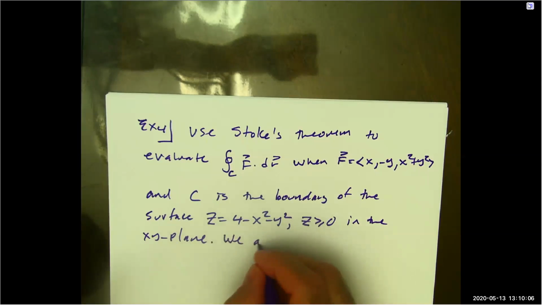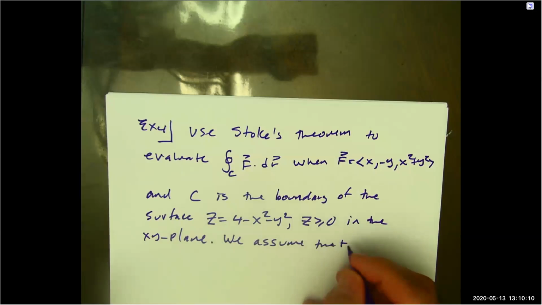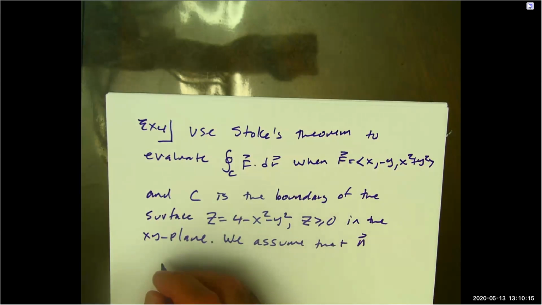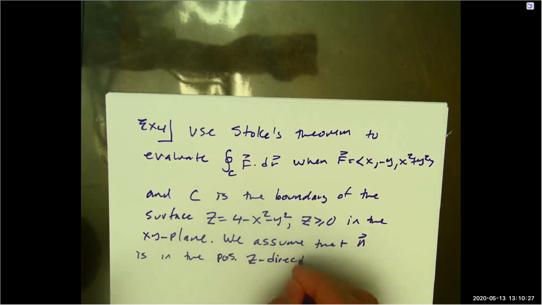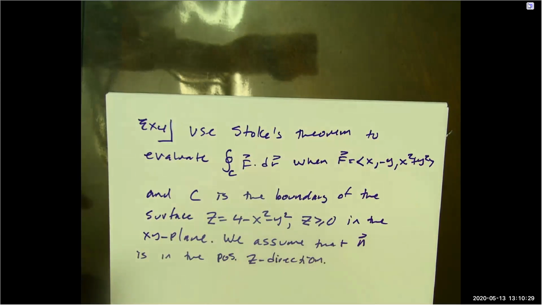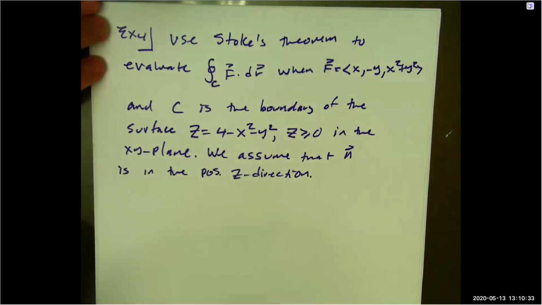We assume that n is in the positive z direction. And so if you remember, that's going to induce a counterclockwise orientation on the boundary curve.